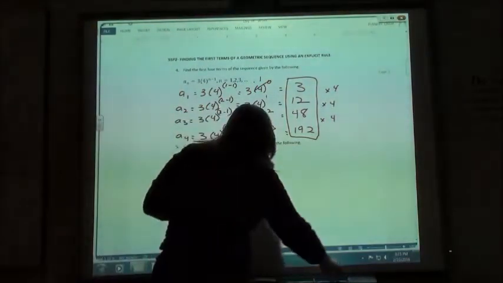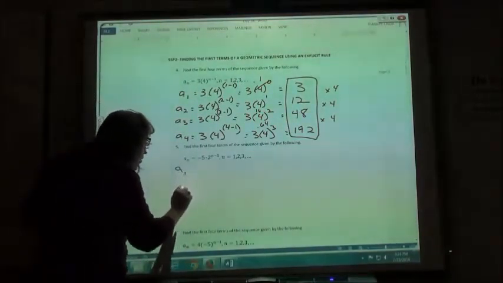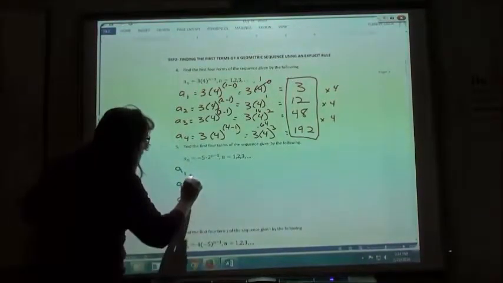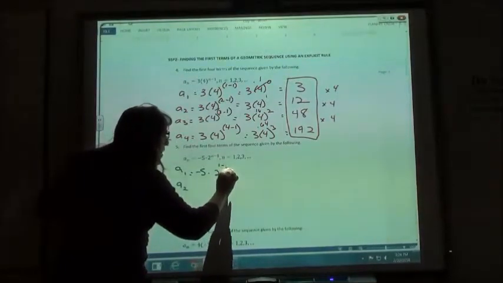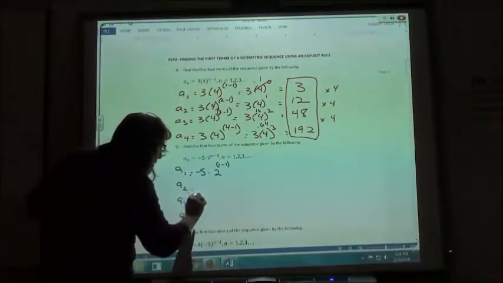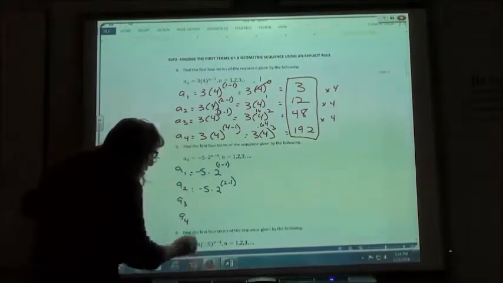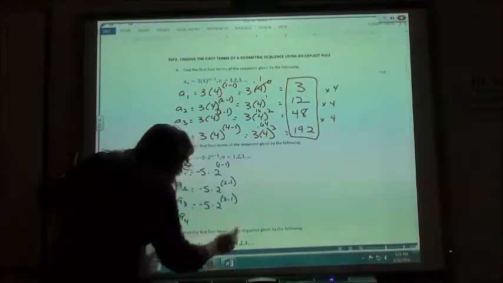If we look at the next one, again, I'm doing my first 4 terms. So A1, A sub 2, A sub 3, A sub 4. So I'm going to have negative 5 times 2 to the 1 minus 1 power. Negative 5 times 2 to the 2 minus 1 power. Negative 5 times 2 to the 3 minus 1 power.